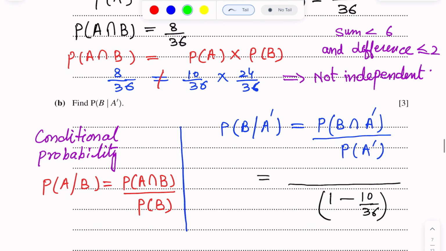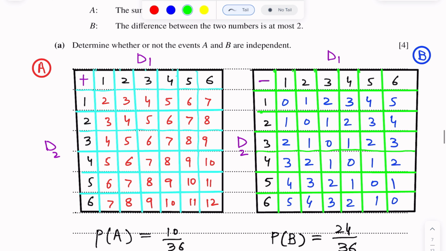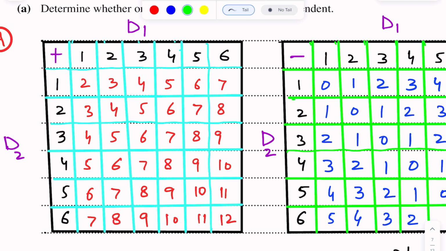This is for the A dash. So we will take help from this diagram. Sum is greater than or equal to 6 lies here.